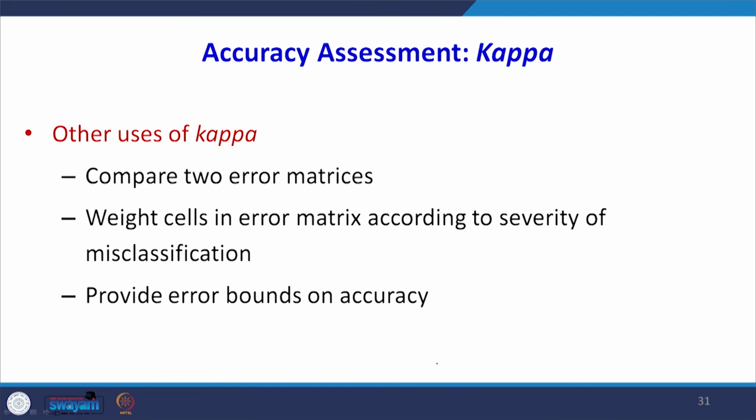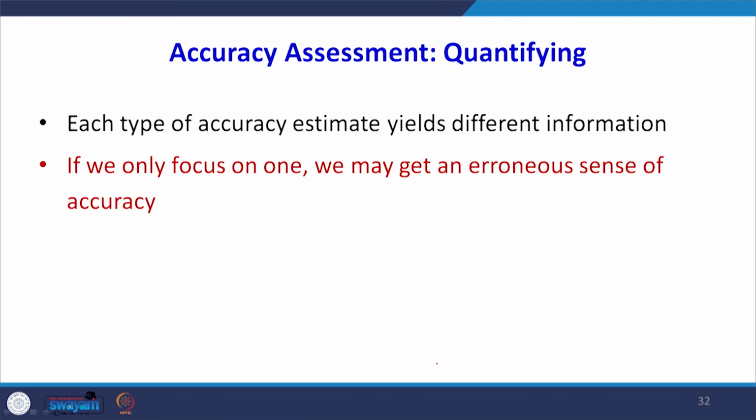Now, another use of Kappa is that we can compare two error matrices, and we can weight cells in each matrix according to the severity of the misclassification. So, if a particular class has been misclassified, we can give weightage to each cell, and this provides the error bounds on the accuracy limit. Each type of accuracy estimate, as you can see, gives us a different kind of information content.